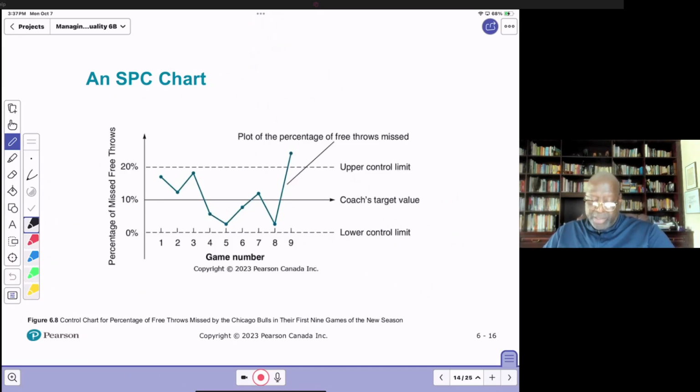Here are the upper and lower control limits, based on the statistical data that was collected. All of these points here are within the limits, so we have no concern until we come to this point right here. And then all of a sudden, we are concerned. And so as a result, we now needed to conduct an inspection to find out what the cause of that is. Cause and effect analysis.